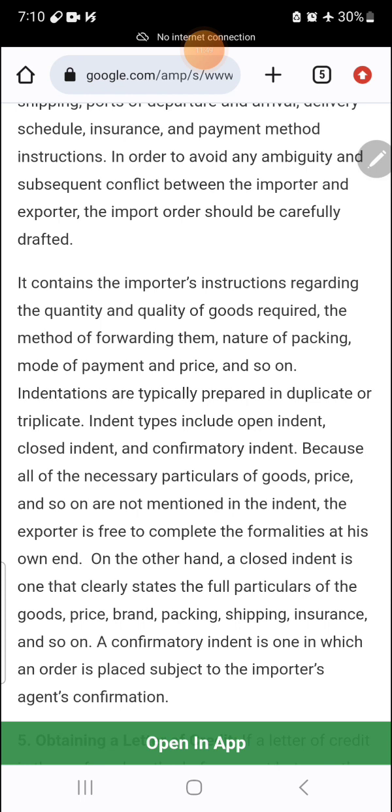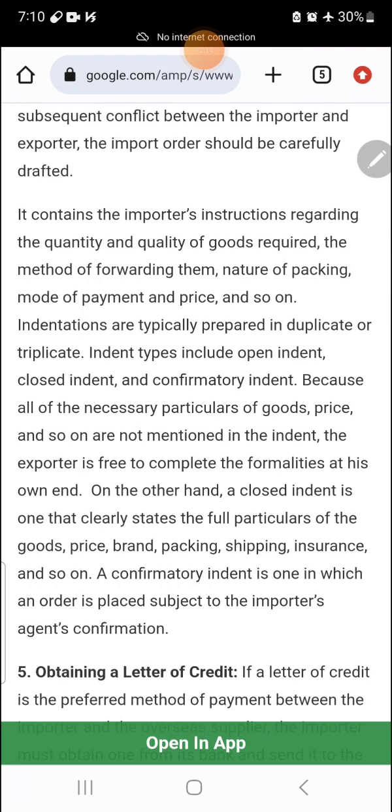Indent types include open indent, closed indent, and confirmatory indent. Because all of the necessary particulars of goods, price, and so on are not mentioned in an open indent, the exporter is free to complete the formalities at his own end.